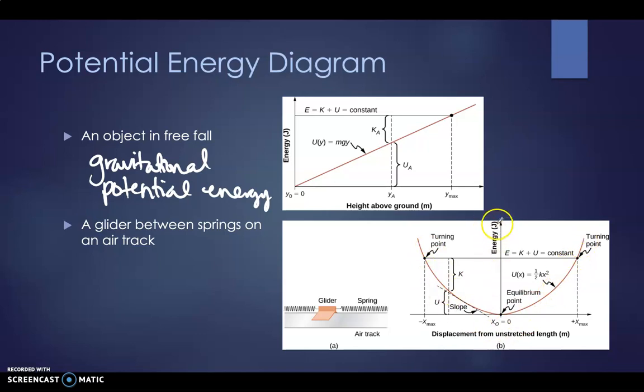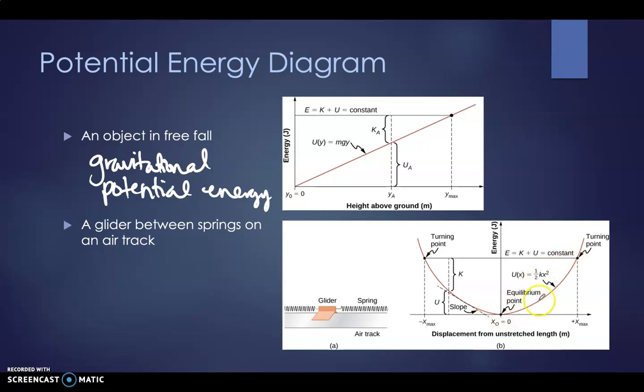So again, the energy versus displacement. This shows you how the energy is distributed throughout that motion. And again, we note that our potential energy here is equal to 1/2 kx squared, since it's spring potential energy.